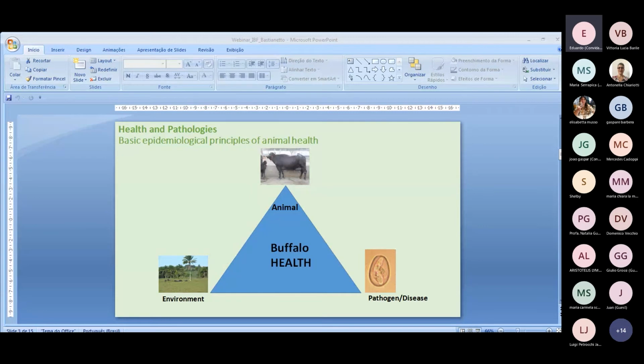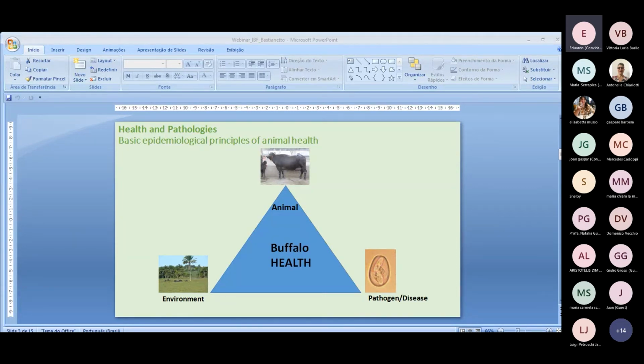The environment is very important because through the environment, the animal can be infected or not. And the quantity of parasites or bacteria or viruses that we have in the environment gives the animal different challenges, and the animal can become infected and healthy, or infected and sick.